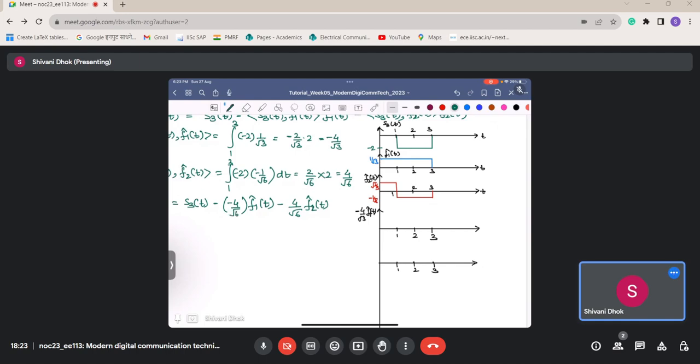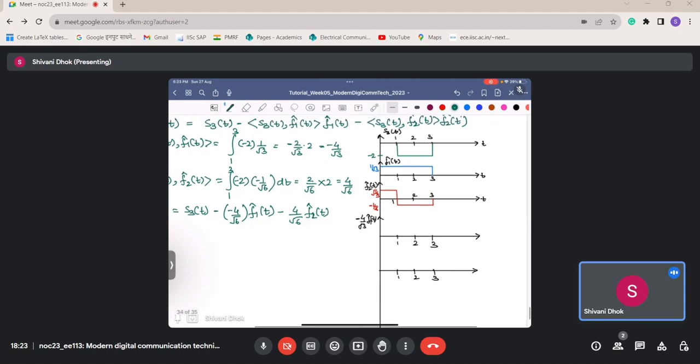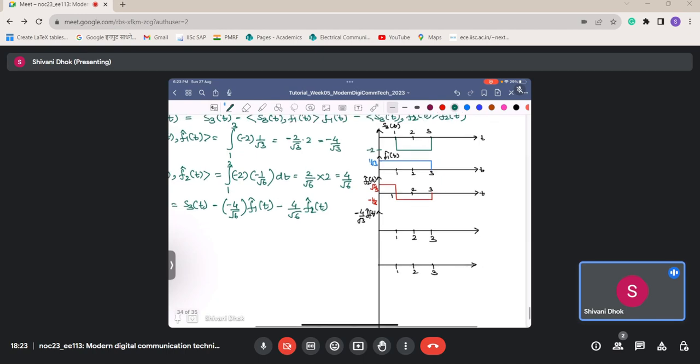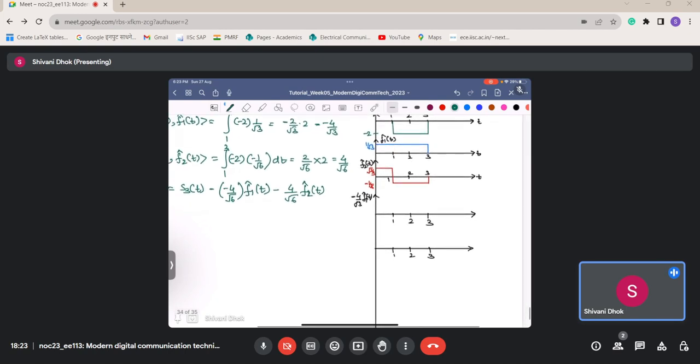So now if I do this, this is basically minus 4 by root 3 multiplied by this quantity 1 by root 3. So that is basically minus 4 by 3. So this is like this, minus 4 by 3. This is time, and let me take this down.